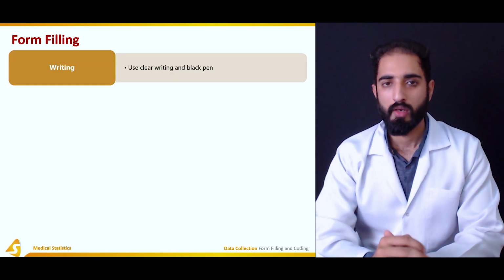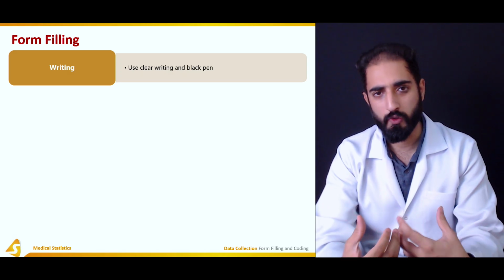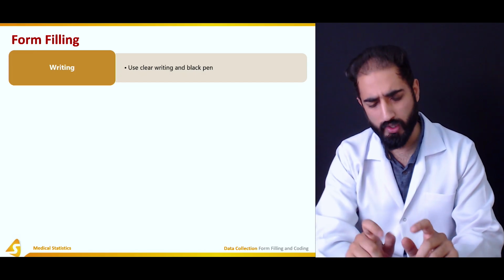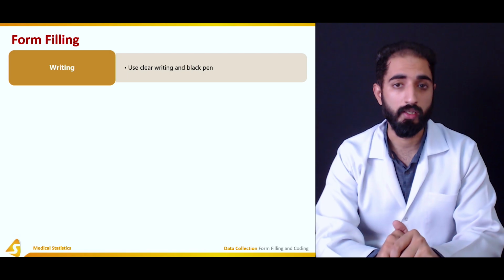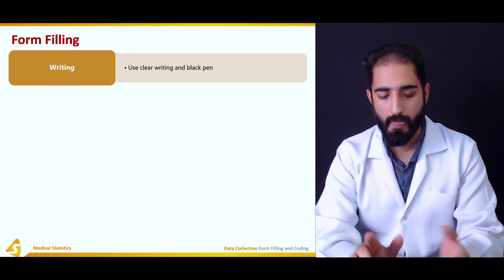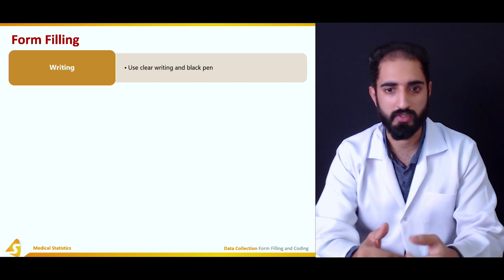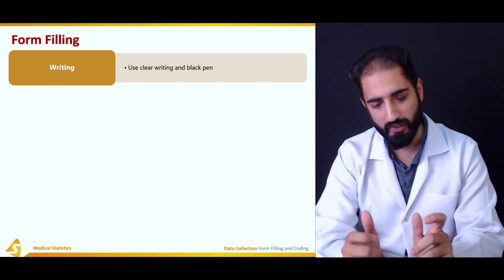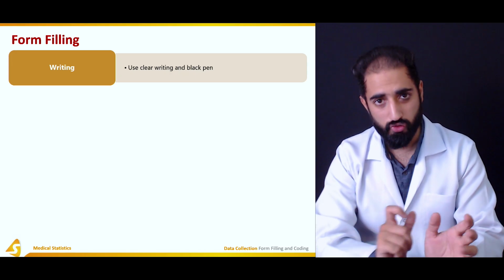Now, when you're collecting the data, what are some simple steps that you should be very concerned about and focus on, because these are the very small things which actually determine the quality of your data. So first of all, writing. Use clear writing and a black pen, because if you're using a pencil, it can wear off, it can get dim and may not be readable, and it can be changed.